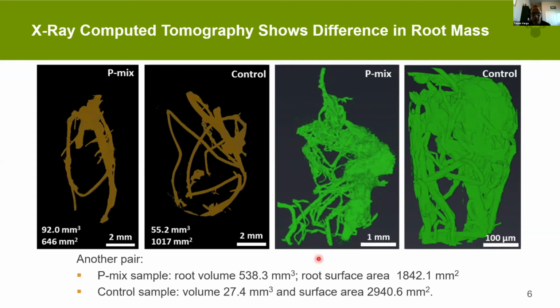In all groups, what we found is that the PMIX samples had a greater root volume, while the controls had smaller volume and the largest root surface area, suggesting a lot of fine root growth. This suggests that there was something going on with better availability of nutrients, possibly in the PMIX group.